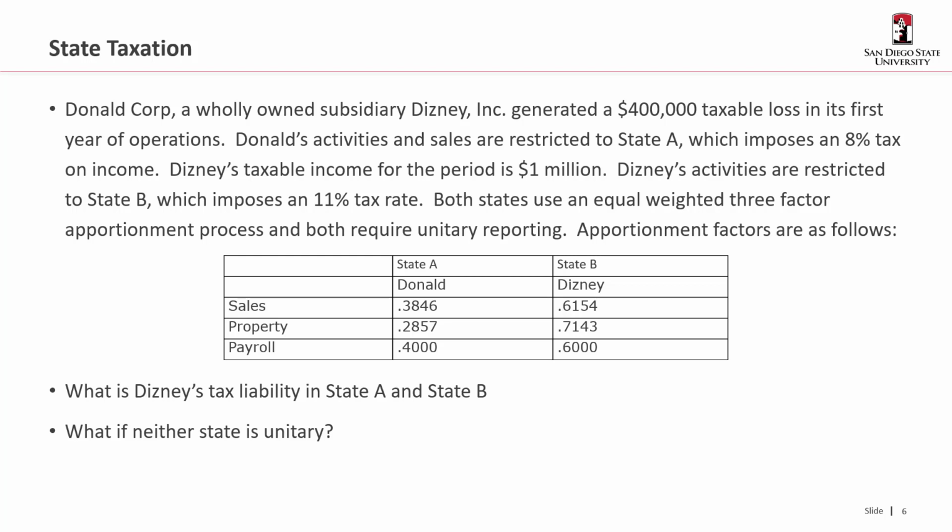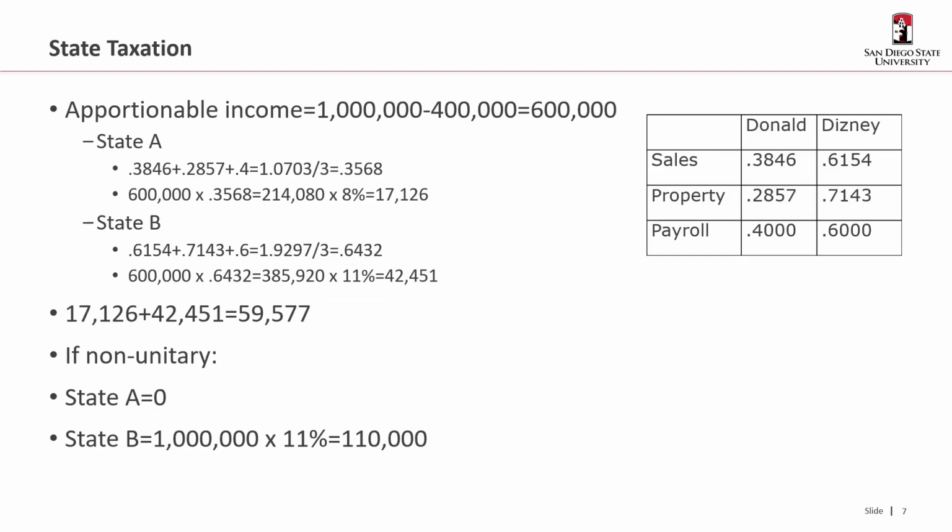Okay, so let's remind ourselves of these numbers. We've got Donald with a $400,000 loss in state A, and we've got Disney with $1 million of income in state B. Okay, now let's move forward. So what we need to do is use the unitary, since both of these states are unitary, we would combine their taxable income together.